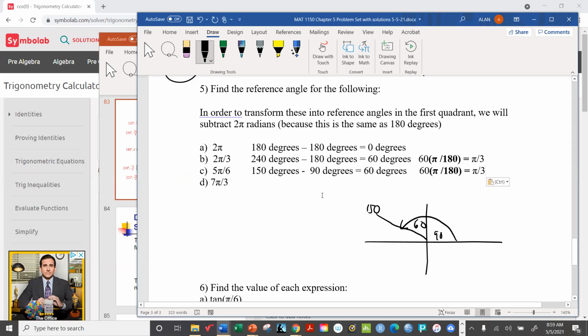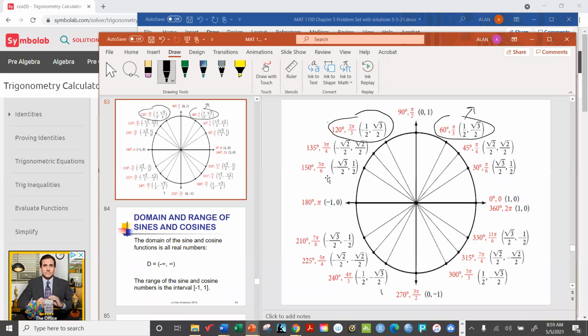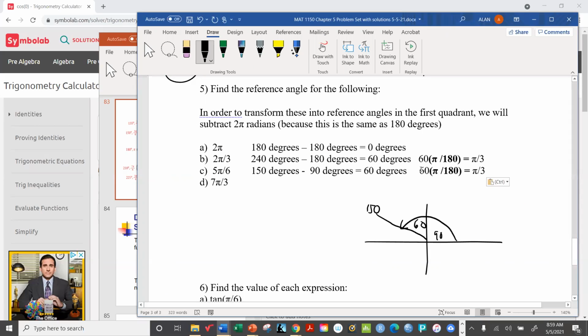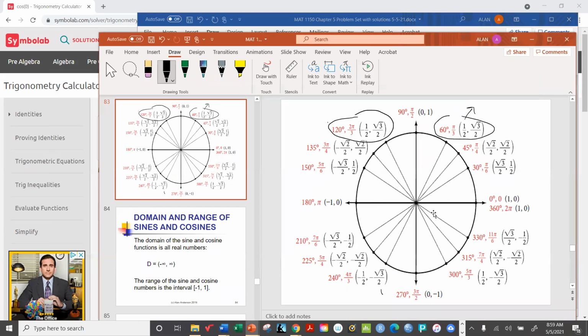Okay. Well, you can see the correct answer is 30. Yes, pi over 6. But this isn't helping, is it? 150 is not converting it back. It is true that the answer is right here.